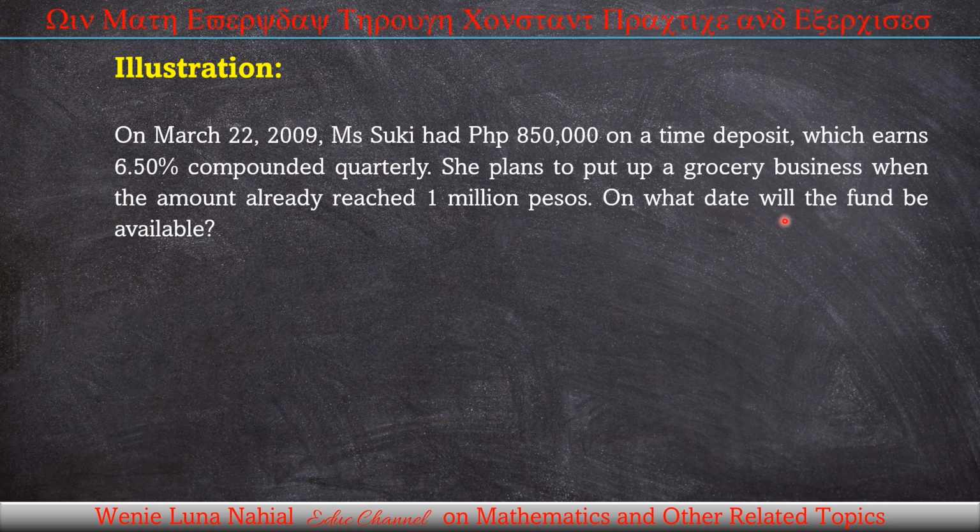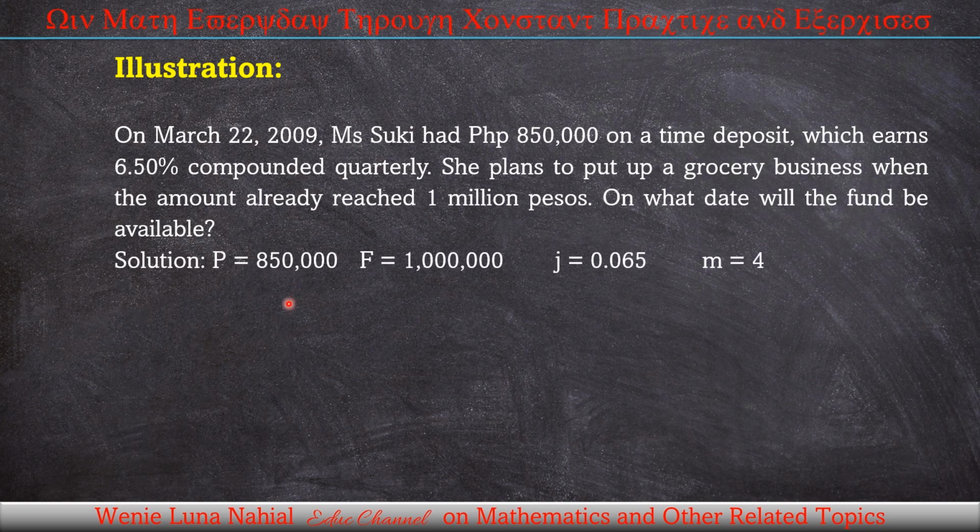On what date will the fund be available? Okay, so it's about knowing the date. The present value becomes 1 million pesos. And we are given the date of the time deposit, which is March 22, 2009.